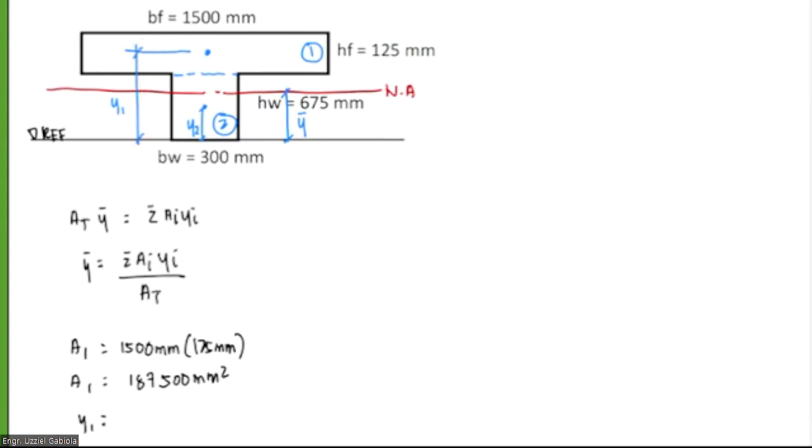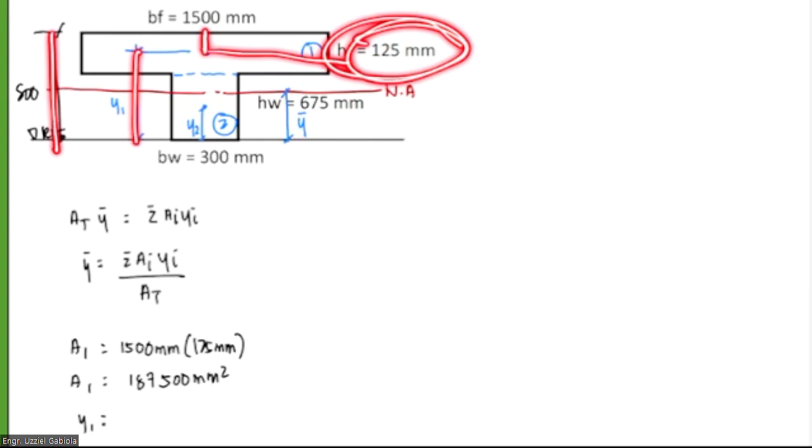We have the total height, 675 and 125, so we can measure that out. That is 800 mm. To get this height, we need 800 minus this small portion, which is one half of 125.